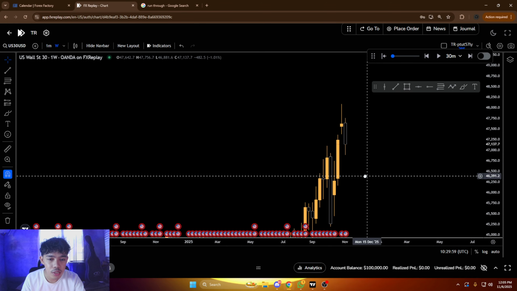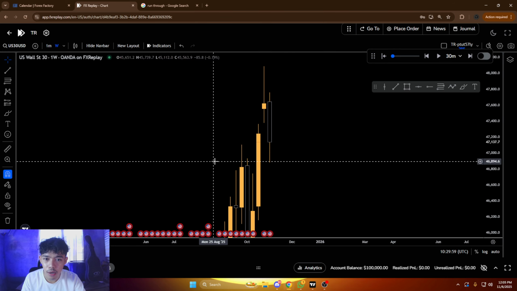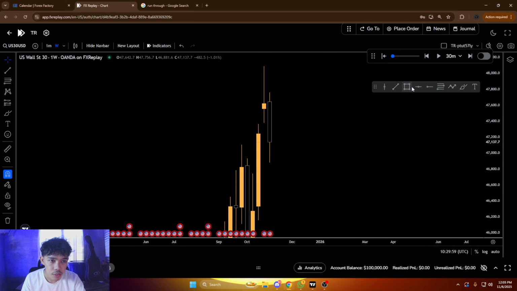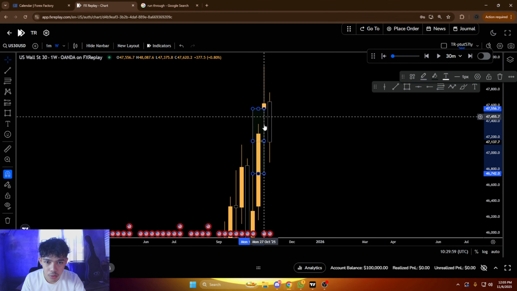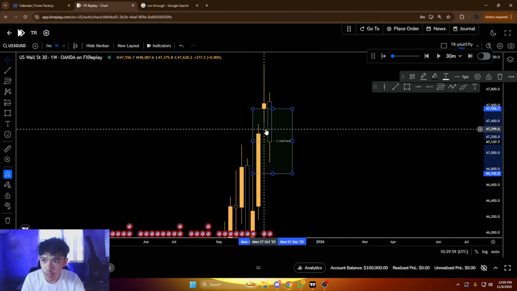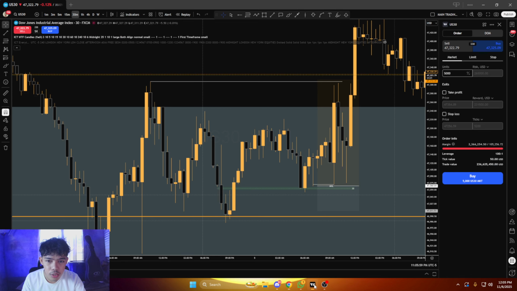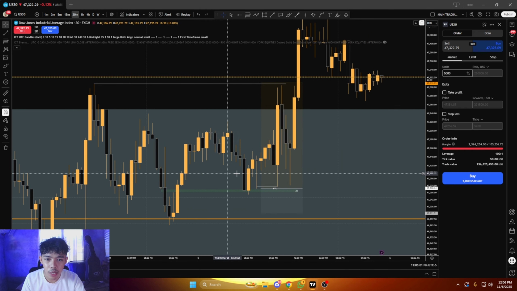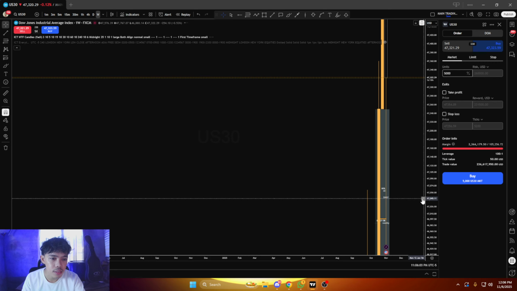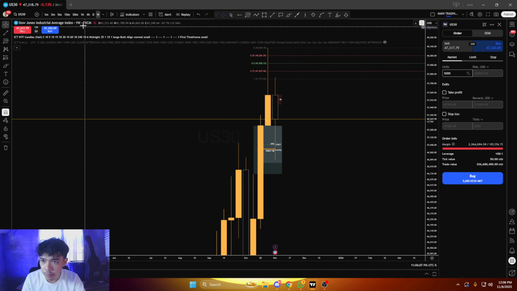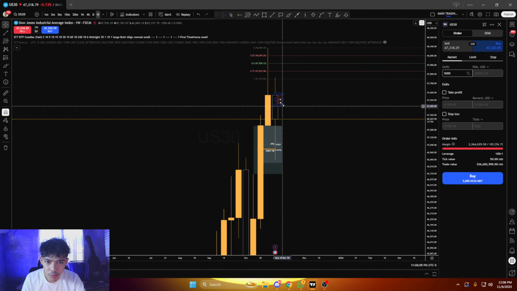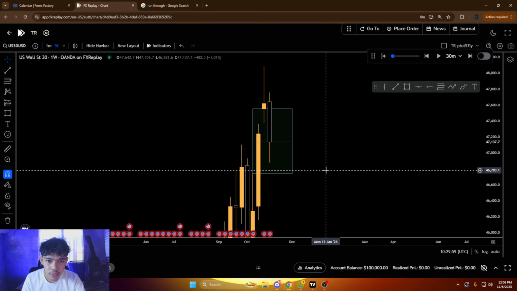Okay, so dito sa weekly chart, guys, as you can see, we have a fair value gap dito. So you have a weekly fair value gap here. Actually, included yung volume imbalance in this case. I don't know, kasi sa chart ko, wala namang volume imbalance dito. I'm actually using FXCM data and wala namang volume imbalance dito, but dito sa FX replays meron.